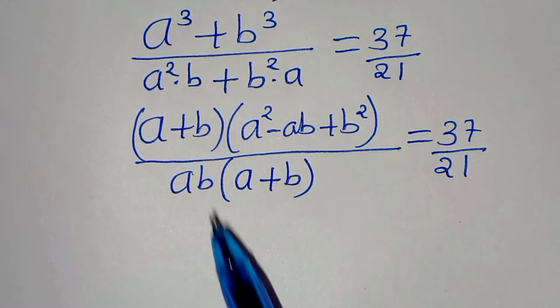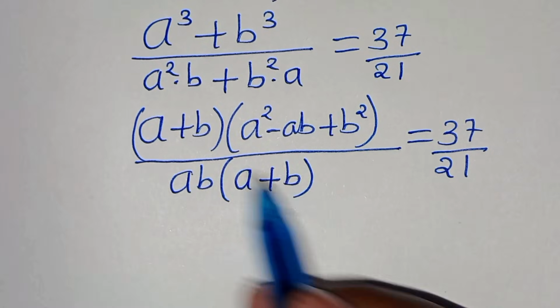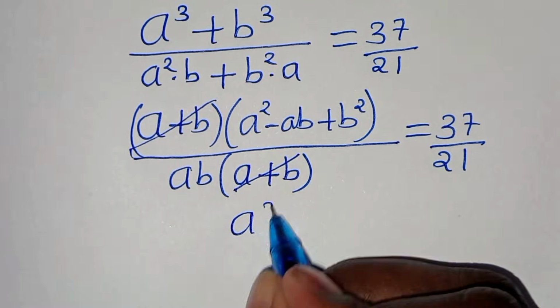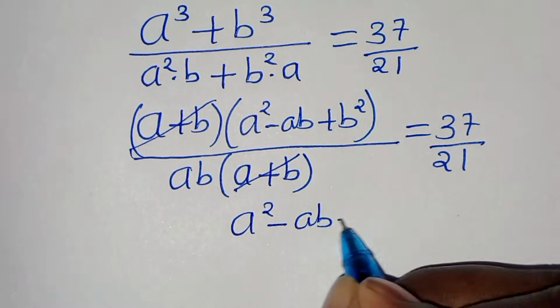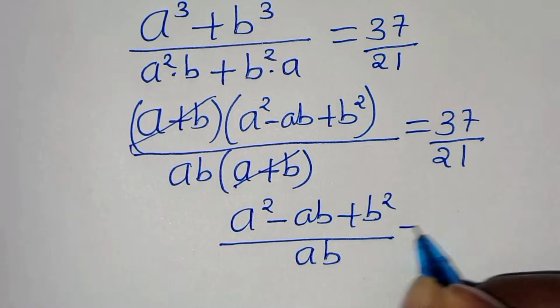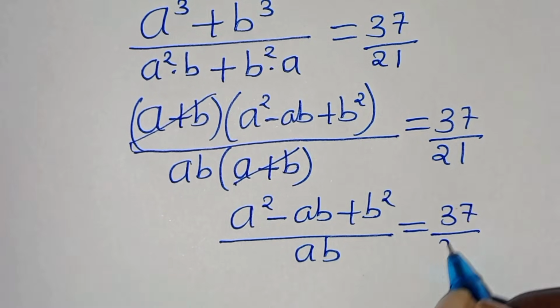The next step is that we have a plus b and a plus b here, so we can simplify this, so that now we have (a squared minus ab plus b squared) divided by ab. This is equal to 37 over 21.